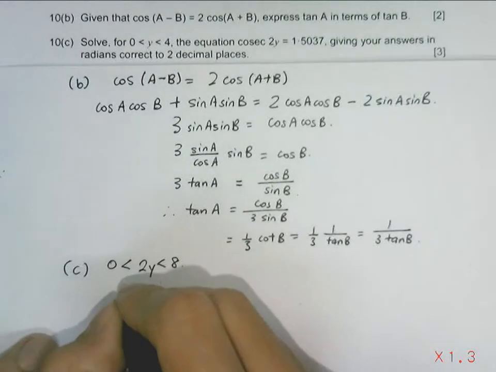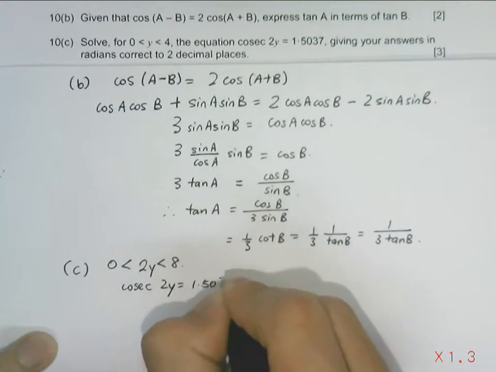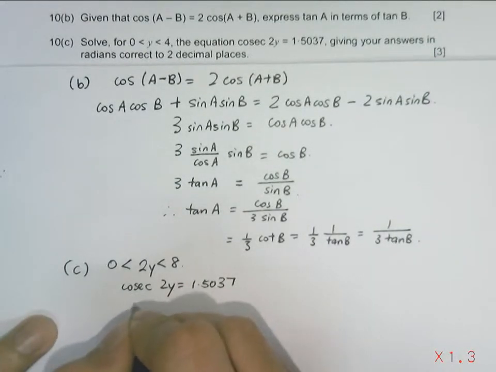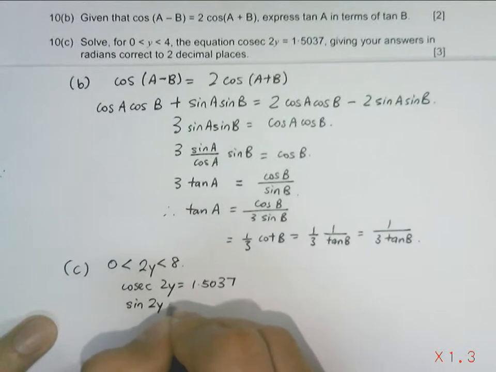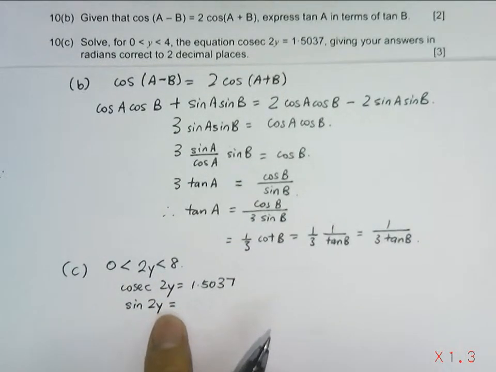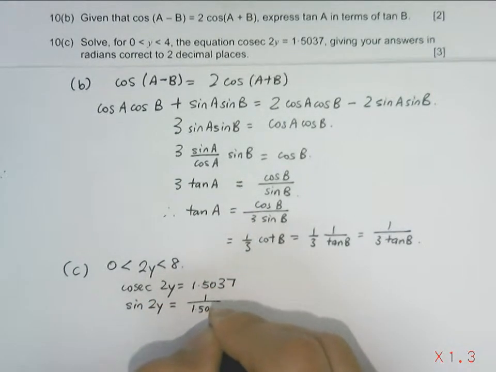Okay, now we can start from the equation. Cosecant 2y is 1.5037. So my sine will just be the reciprocal. The cosecant is the reciprocal trigonometric function of sine. So 1 over 1.5037.